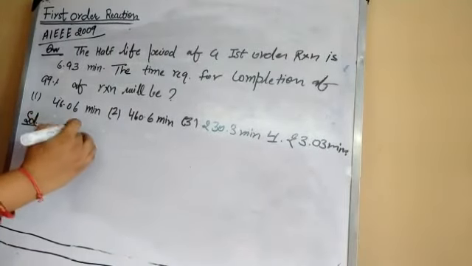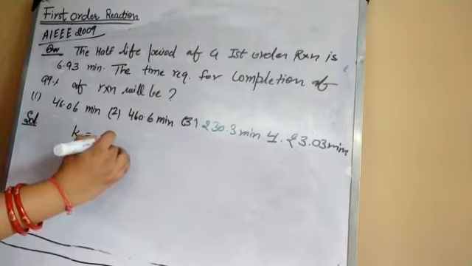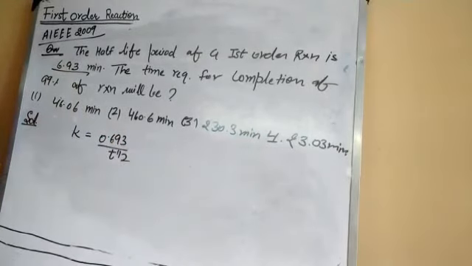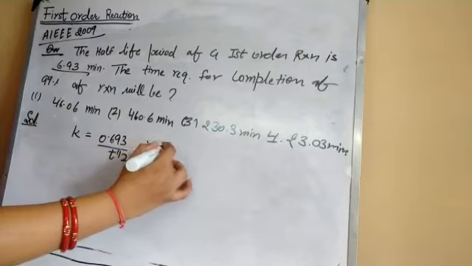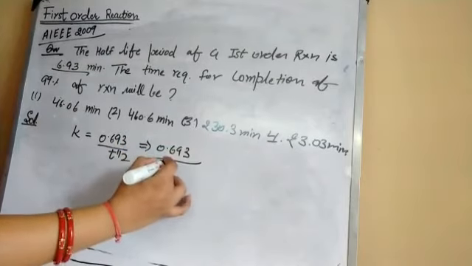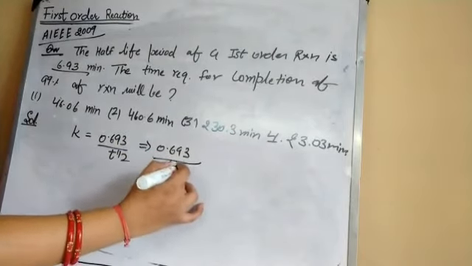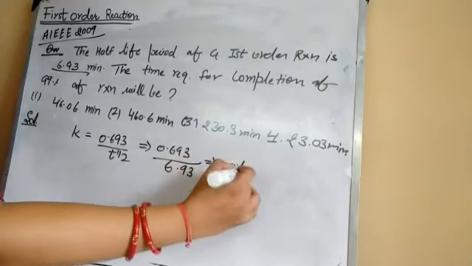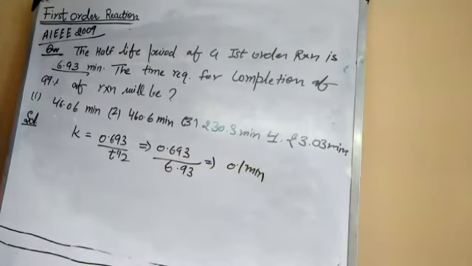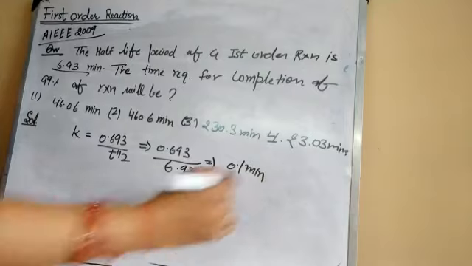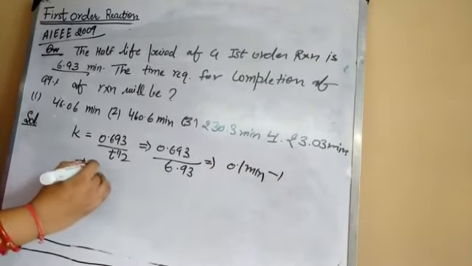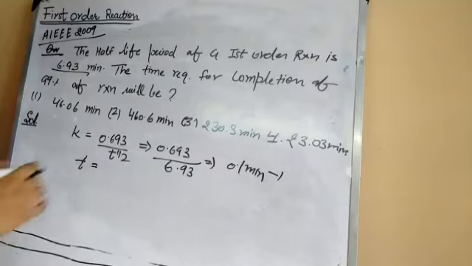First we will get our rate constant by using this expression, because they have given us the half-life period. After putting the value of the half-life, we will get the rate constant 0.1 per minute, right? Now I will calculate the time required.